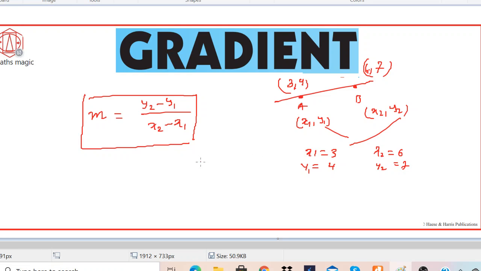Now we will apply the formula. It's y2 minus y1, so 7 minus 4, divided by x2 minus x1, which is 6 minus 3. So it's 3 upon 3. So the slope of this line is 1.